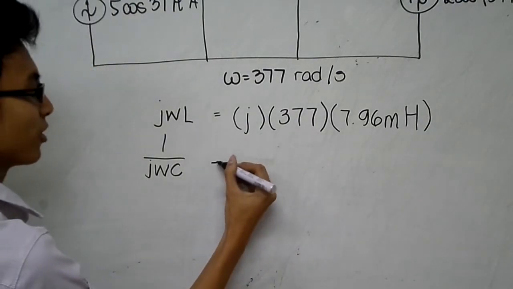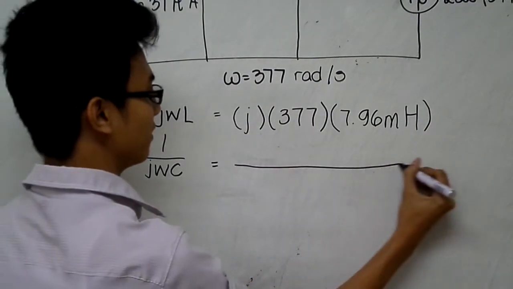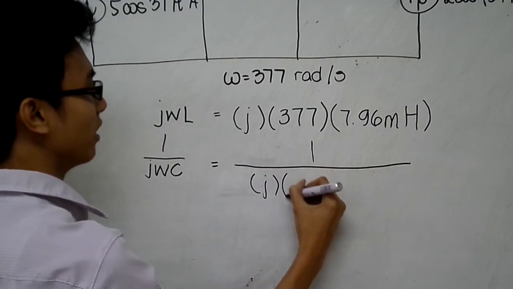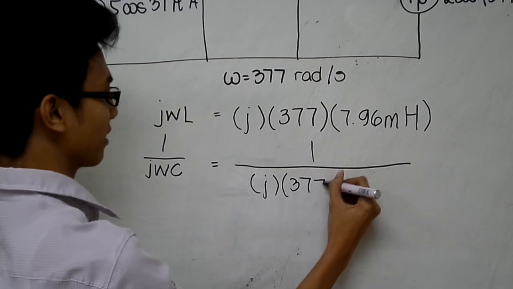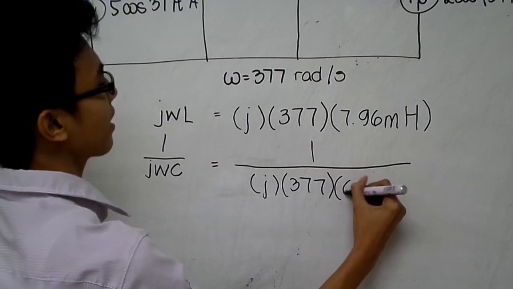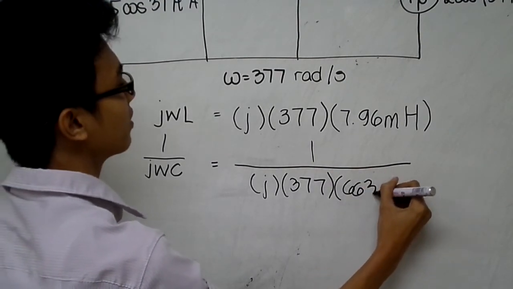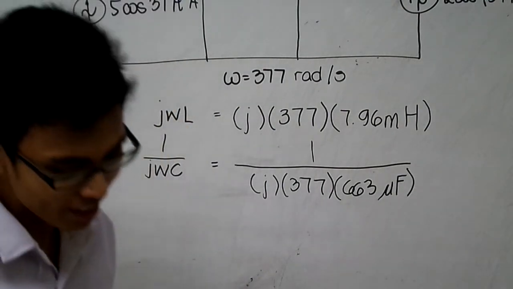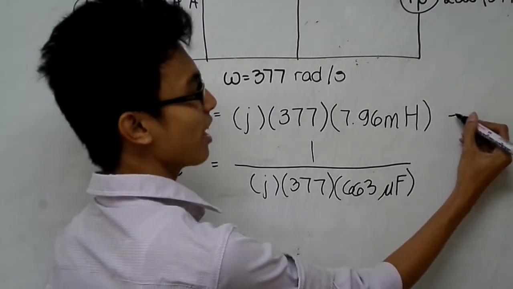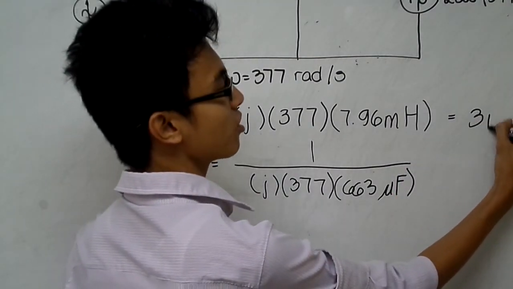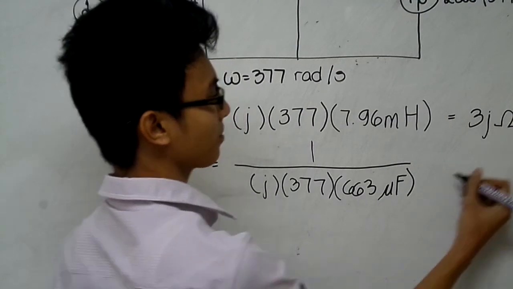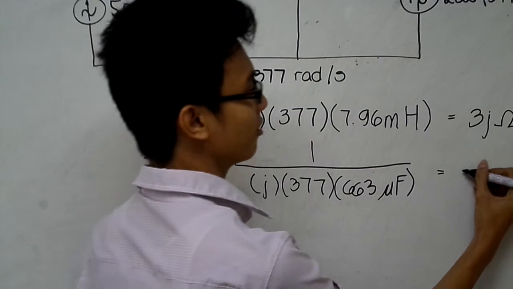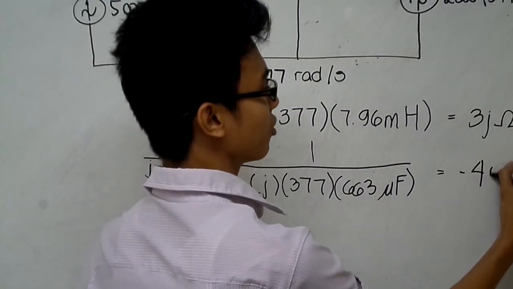And for the capacitor, 1 all over j times 377 times 663 microfarads. Computing the values, we arrive at 3j ohms for the inductor and negative 4j ohms for the capacitor.